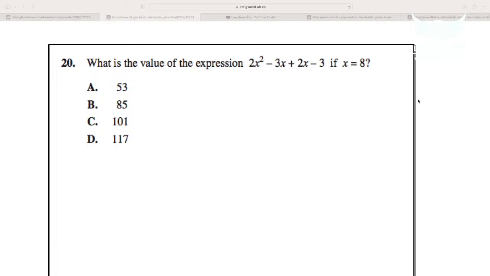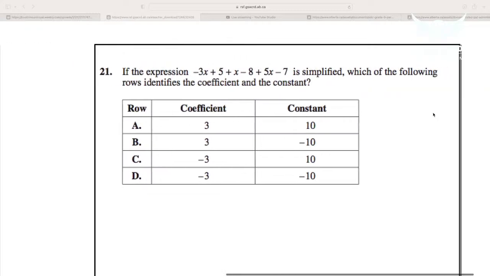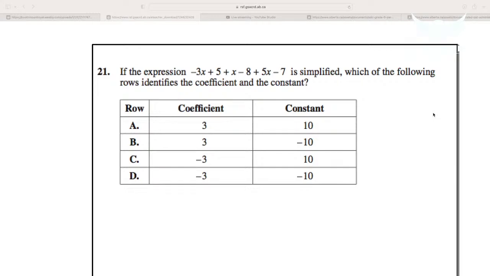Okay, next question. If the expression negative 3x plus 5 plus x minus 8 plus 5x minus 7 is simplified, which of the following rows identifies the coefficient and the constant? Okay, so negative 3x plus x plus 5x: negative 3x plus 6x will be 3x.